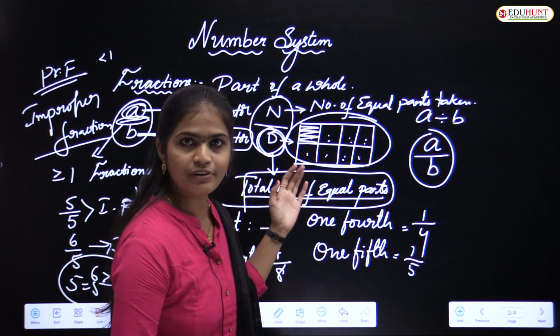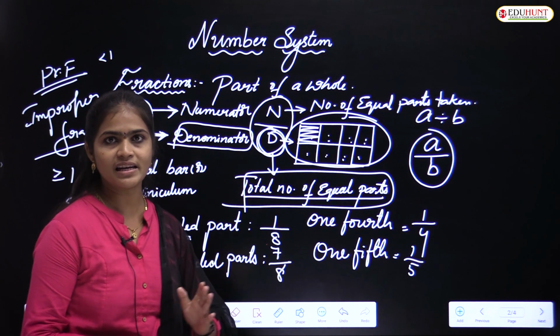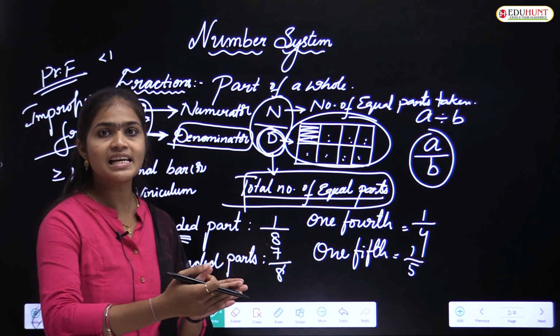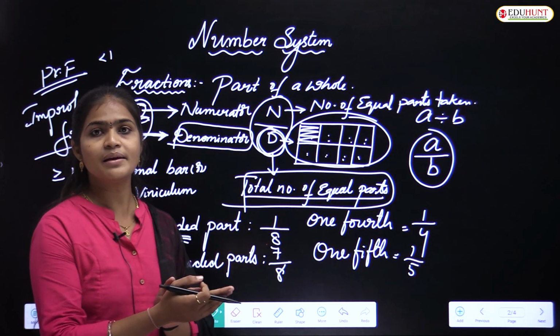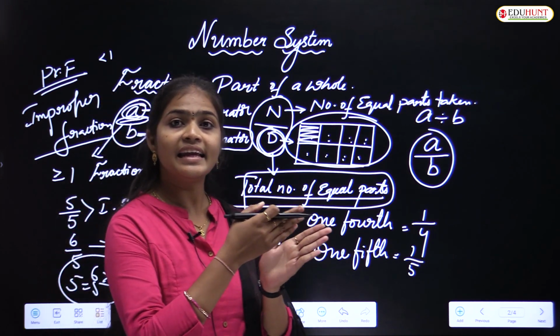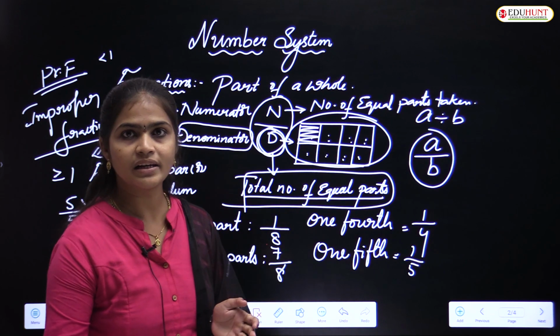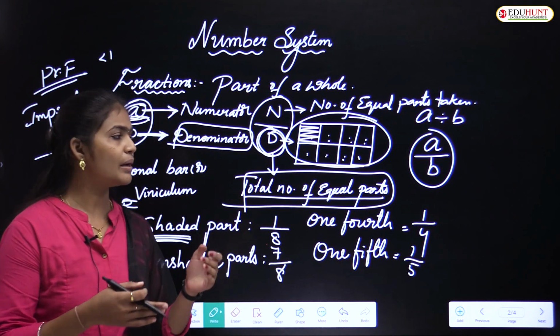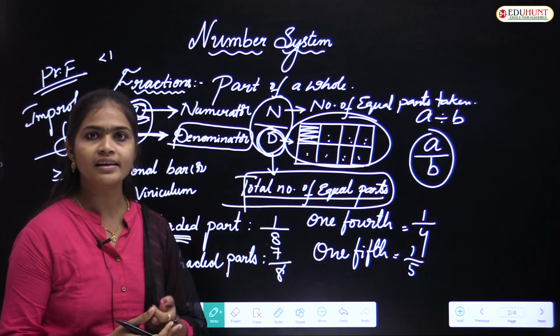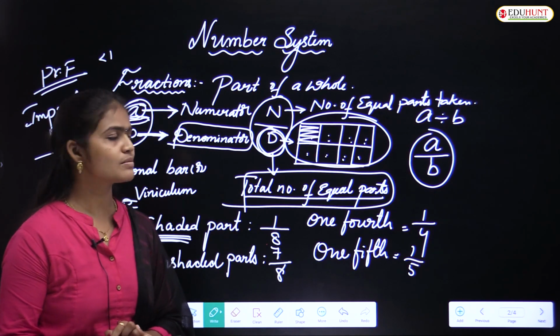In rational numbers you have positive integers, negative integers and fractions. Integers also we can write that way, which I will tell you at the rational numbers time.